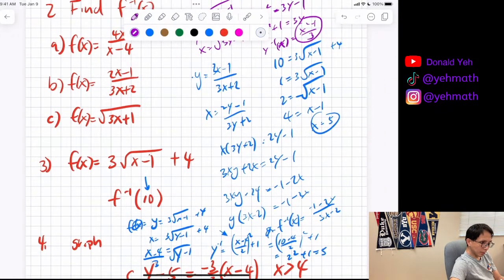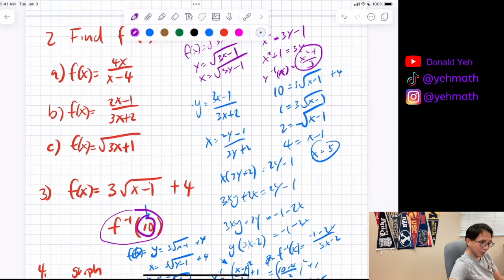Faster way. So this is the inverse, right? This means if this is 10 on the inverse, that means the x value on the inverse, right? And then if you go back to original, that becomes the y value, which is you plug in 10 into the f of x rather than plug in the x. So then I just plug in 10 there, and I isolate them.